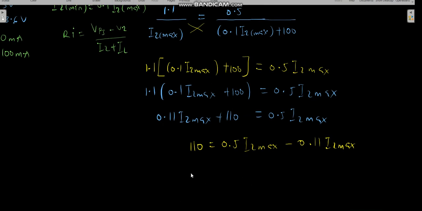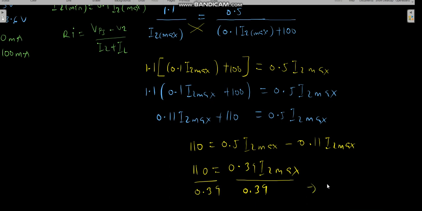Okay, so now let's simplify this. This will give me 110 equal to 0.5 minus 0.11, which gives 0.39 Iz max. From here you can divide by 0.39. So let's see what you get for Iz max.